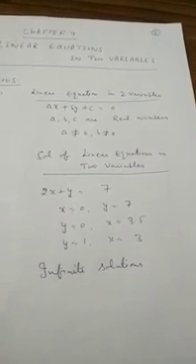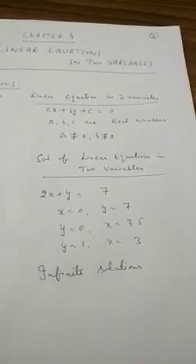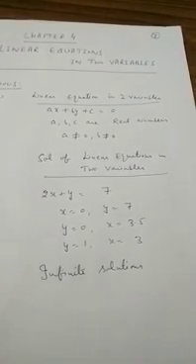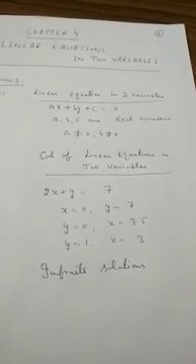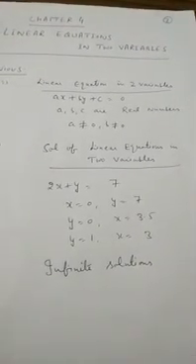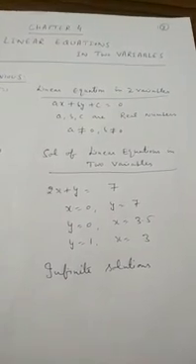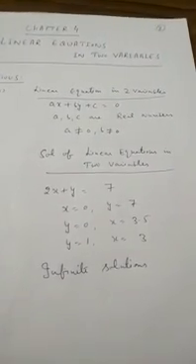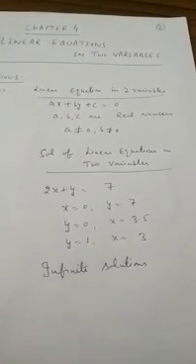Solution means the values of x and y by putting which we get left hand side equal to right hand side. Suppose I have the equation 2x plus y is equal to 7. Generally, we put x as 0 and find y, and then we put y as 0 and find x.